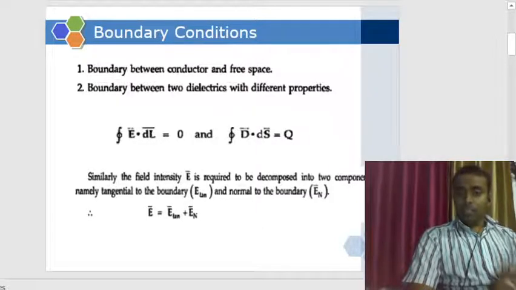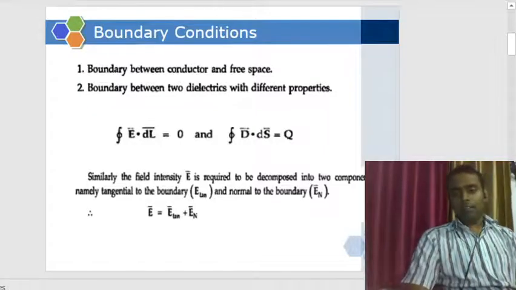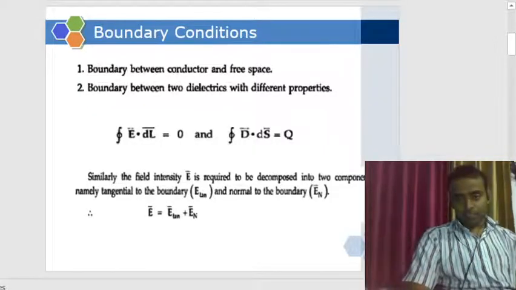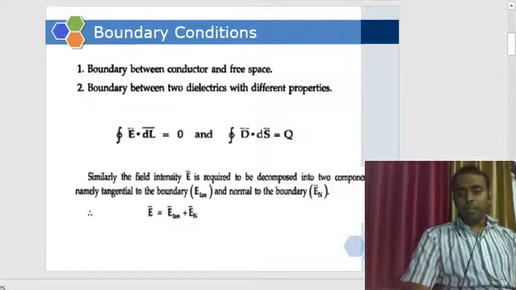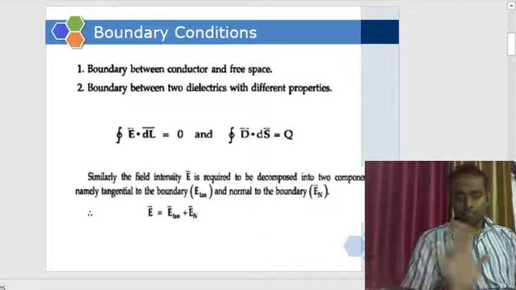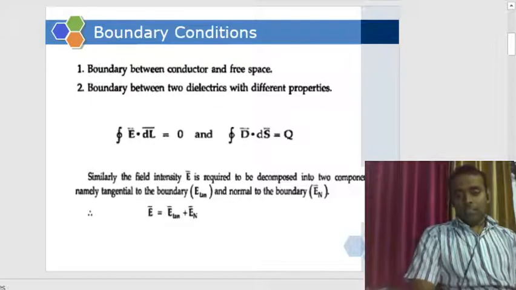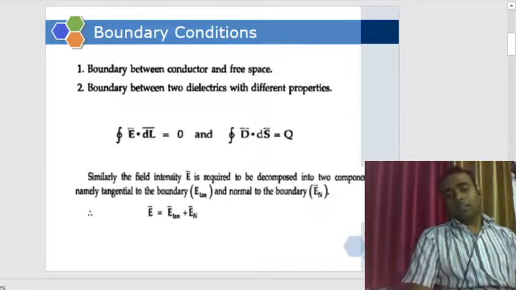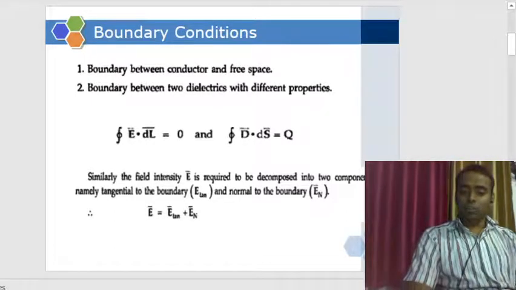We'll see two types of boundary conditions here. We'll take a dielectric and a conductor: the boundary condition between a conductor and free space. Free space is a dielectric, and we can take any dielectric, no issue.